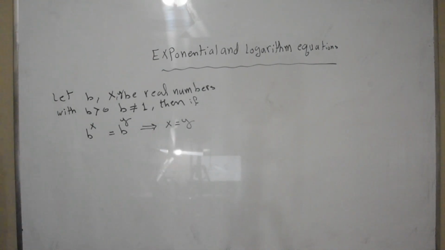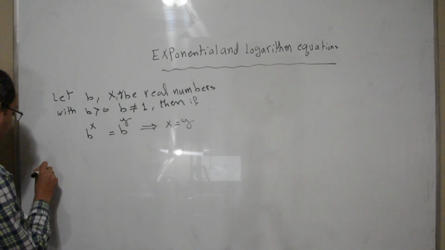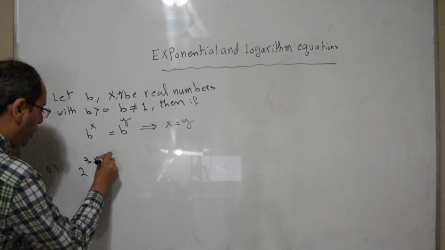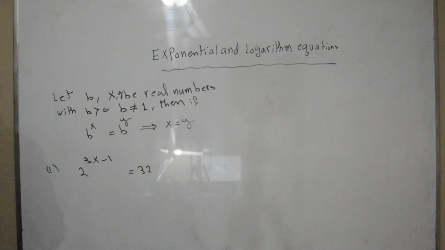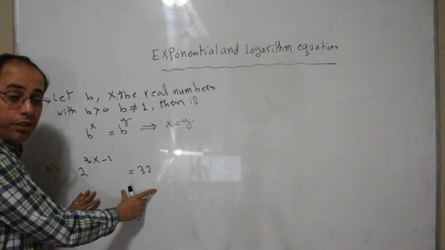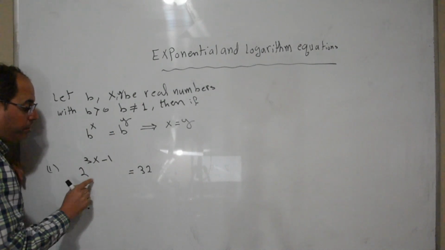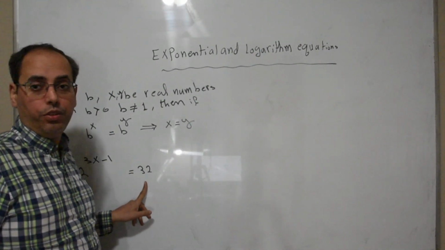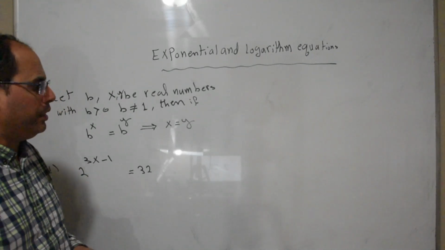Example 1: 2 to the 3x minus 1 equals 32. Here's the equation, and in order to apply this rule, I must have the same base. But I can put 32 in base 2. How can I do that?